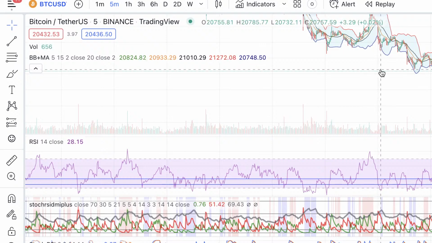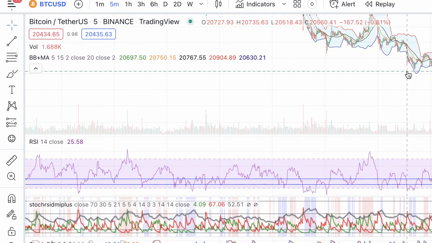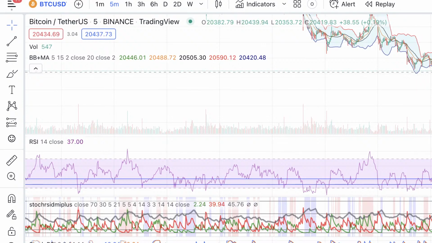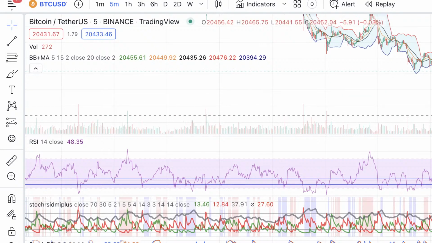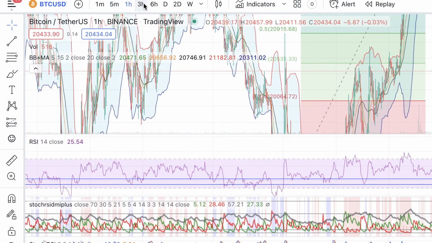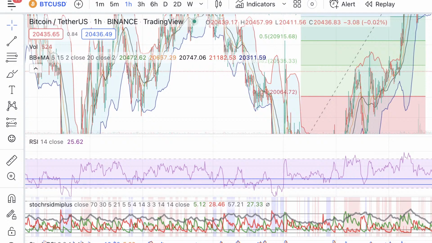And then again here we've got 25.58, and then here again we've got 29.85, and it should start reconsolidating again. And we look at the 1 and 3 hour RSI, and it's all the way down, so it is oversold. So it's probably not the best time to get in, honestly.